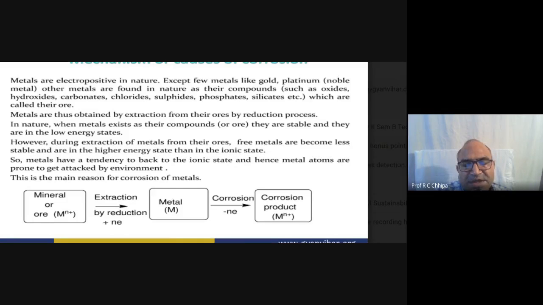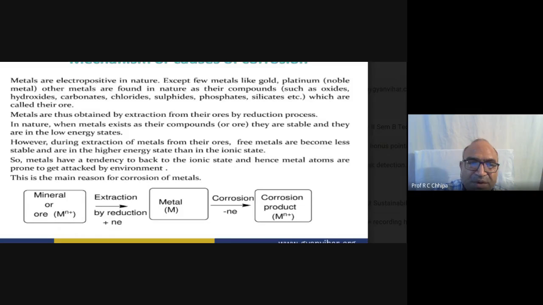However, during the extraction of metal from their ores, the free metals become less stable. The metal is less stable, while it is more stable in the compound form. It is less stable and in a higher energy state than in the ionic state, that is, the combined state.